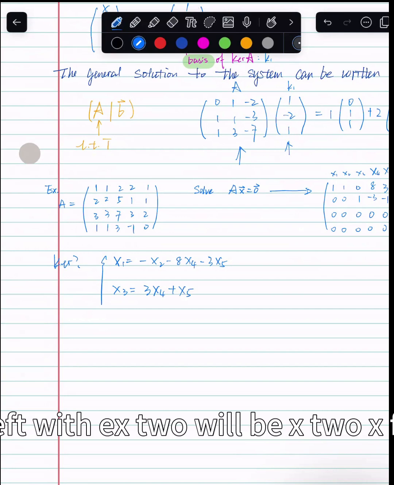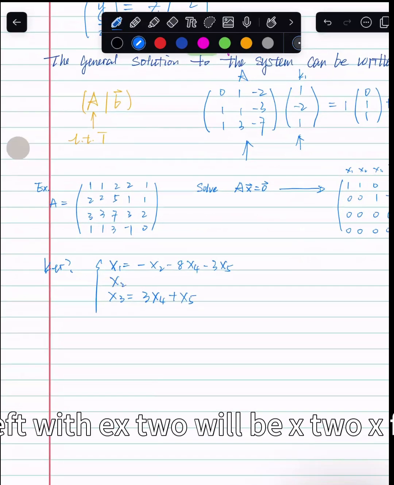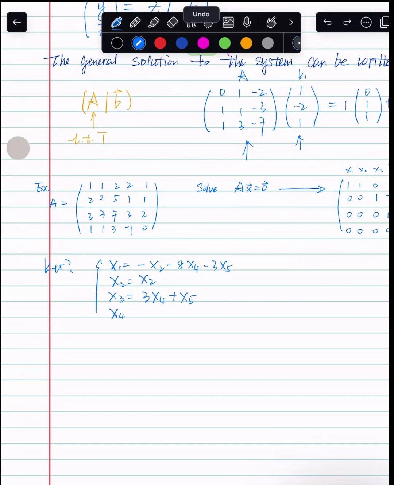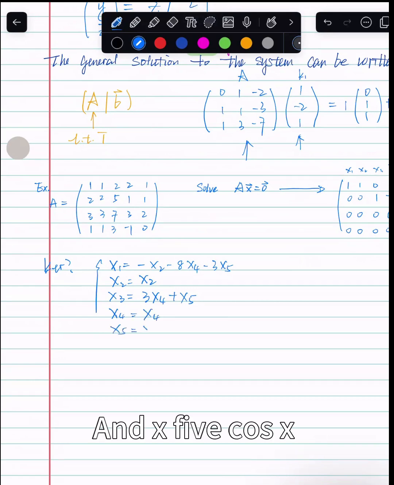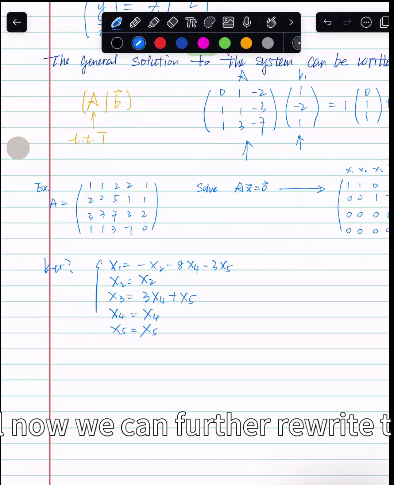Okay, now we are left with x2. It'll be x2, x4 equals x4, and x5 equals x5. So those three are free.